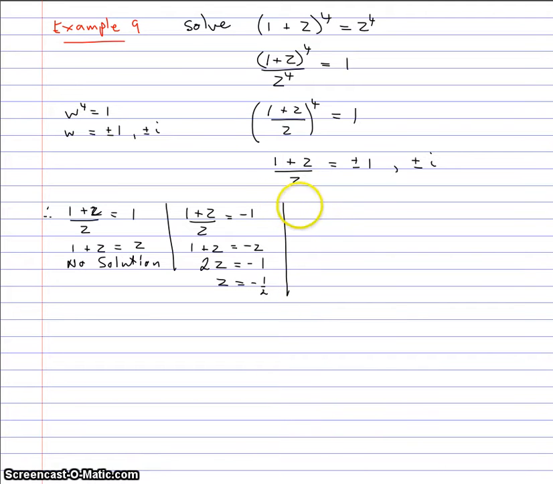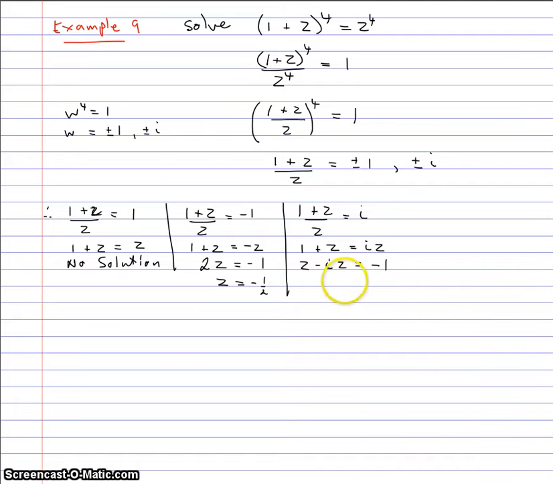Next one, 1 plus z over z equals i. So we've got 1 plus z equals iz. Subtract that, we'll have z minus iz equals negative 1, putting the 1 over the other side.